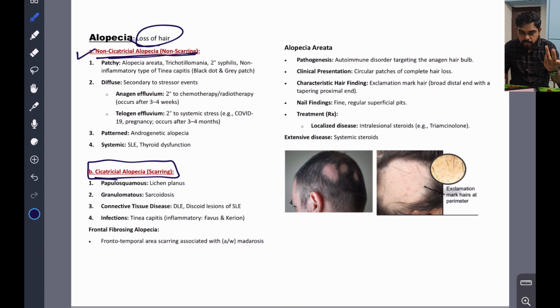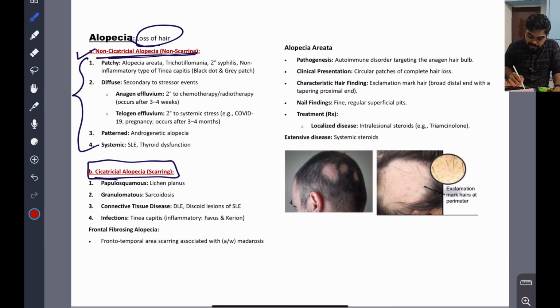So non-scarring, what are the causes of non-scarring? There is no scar. So they may be patchy or diffuse or patterned or systemic, whatever. These are non-scarring. Scarring alopecia is usually associated with some diseases or infections.